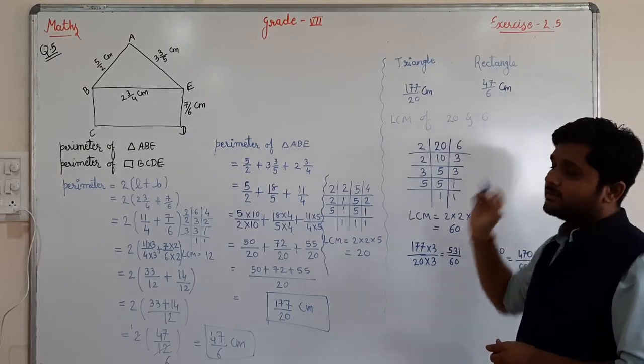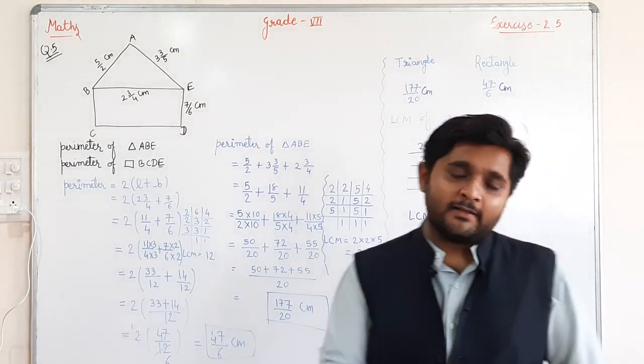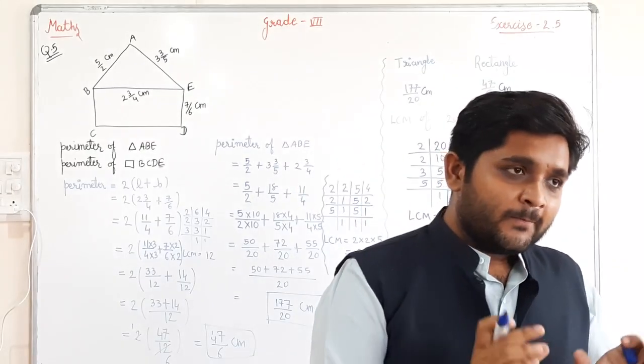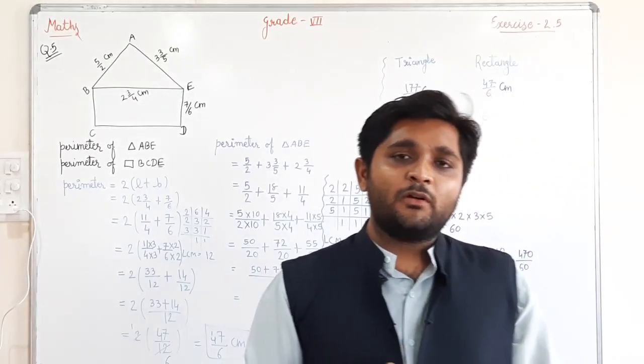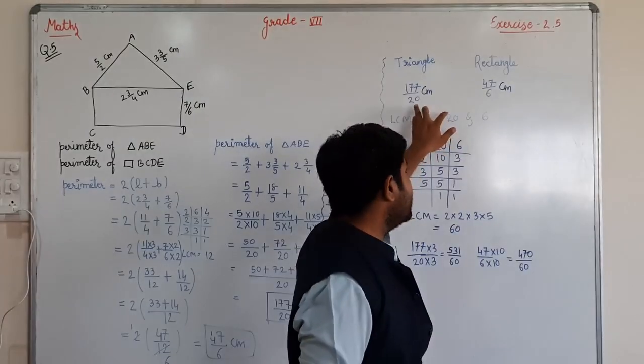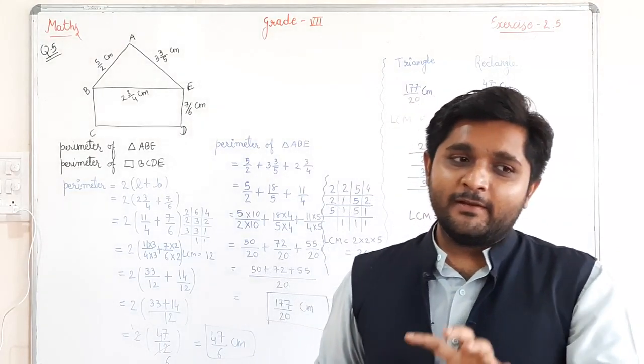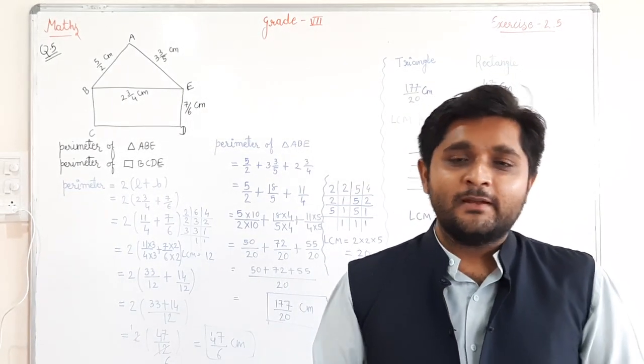Now friends, the question is: whose perimeter is greater? For this we have to compare the perimeters of both. But the denominators are different, so to make the denominators the same we again find the LCM.